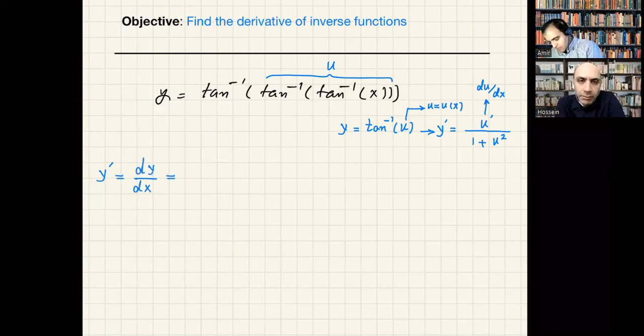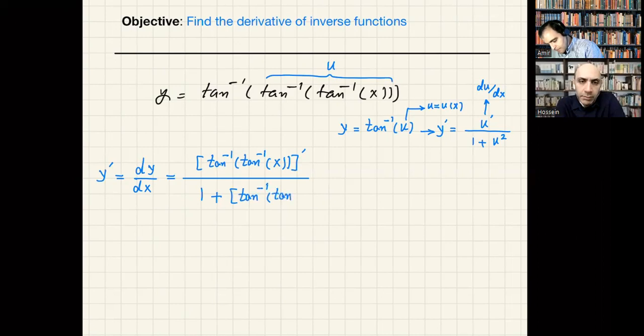It's u prime, which is the derivative of arctangent of x, divided by 1 plus u squared, with u being arctangent of x.